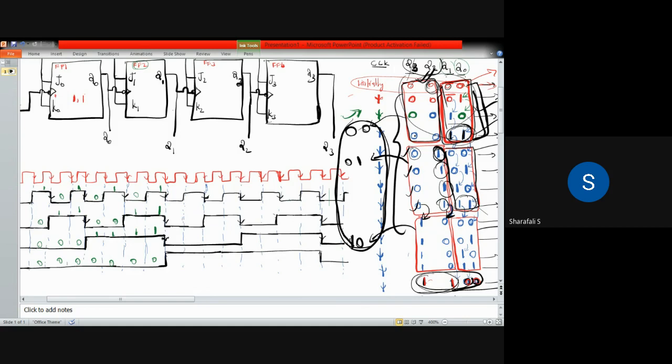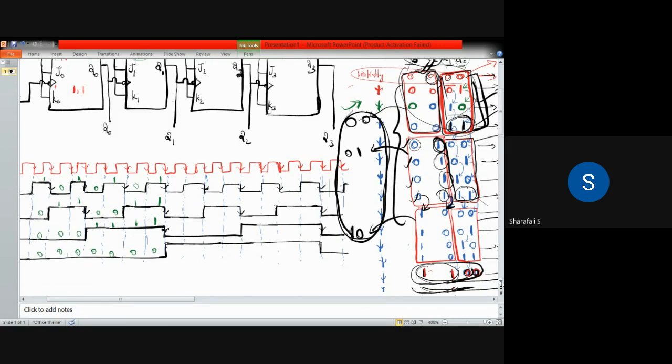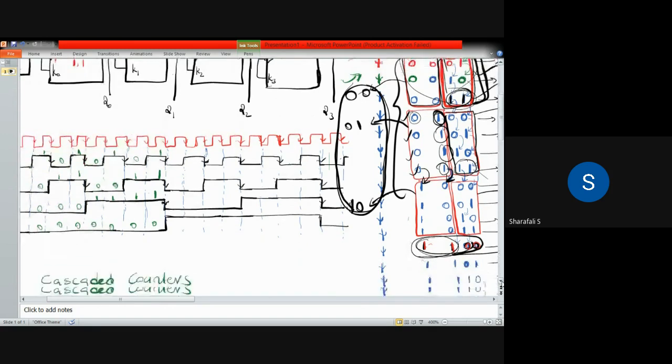So we have to arrange the output of mode 4 and attach it to this mode 3. In this case it is Q1 which will be attached to Q2 in the mode 3. I am not going to draw that. I hope you understood this.